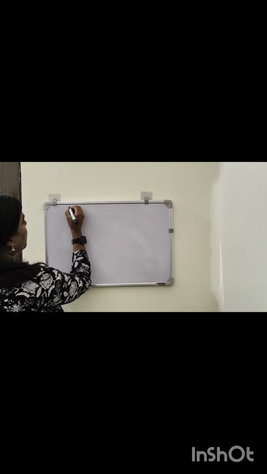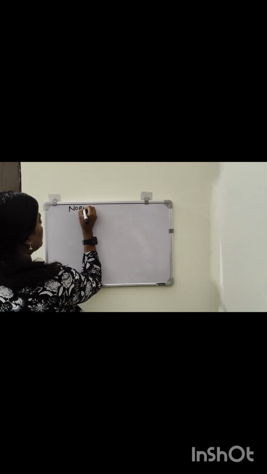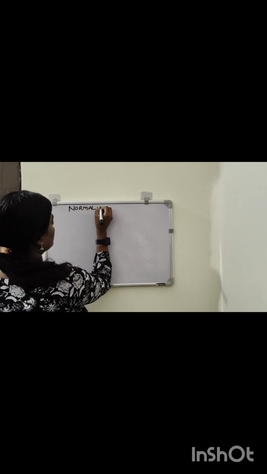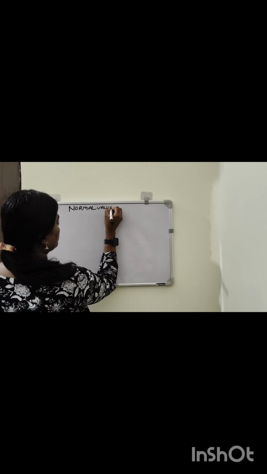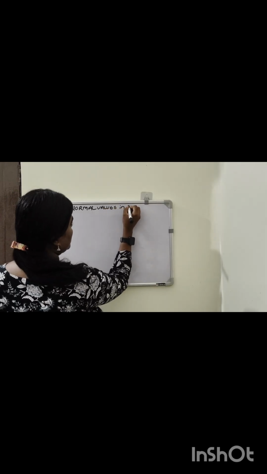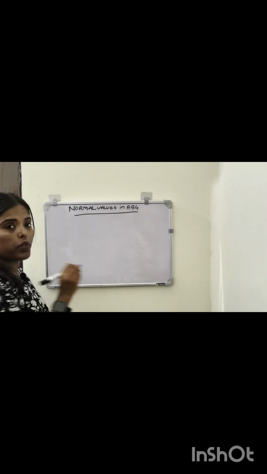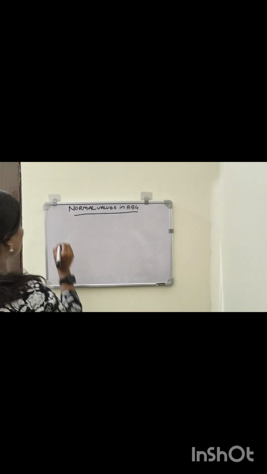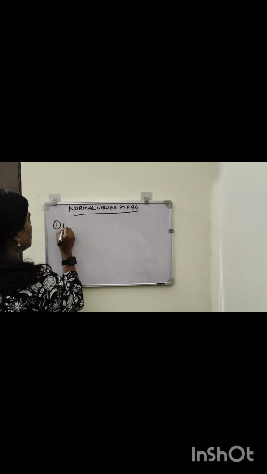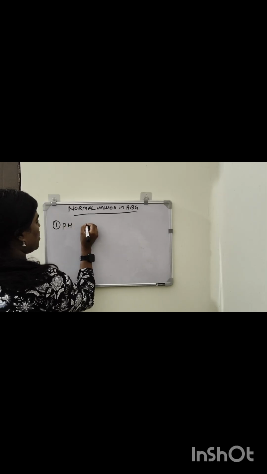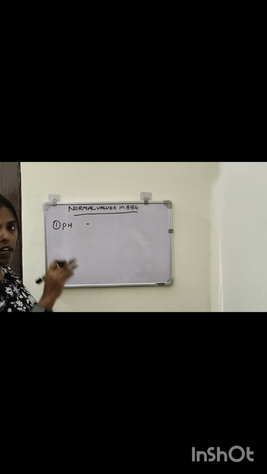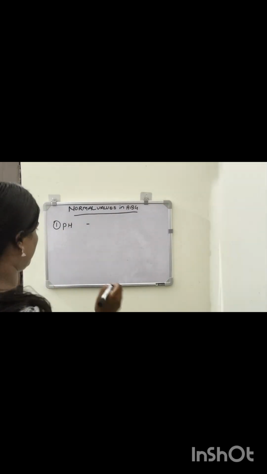Normal values in ABG. Let us see what are the normal values in ABG. The first is pH. pH means power of hydrogen ions.